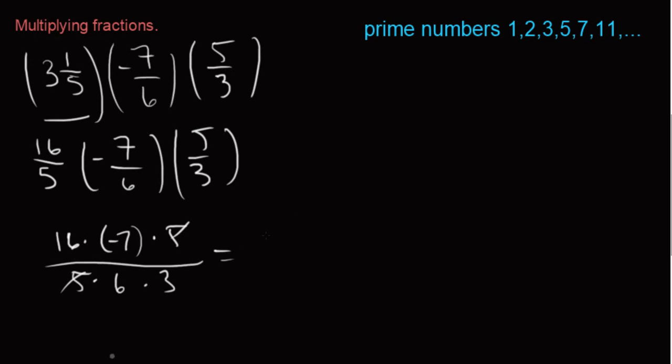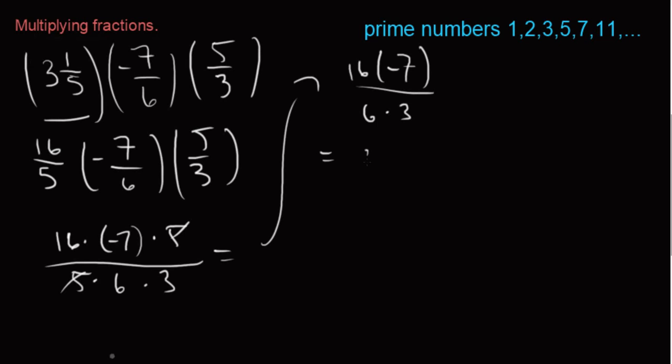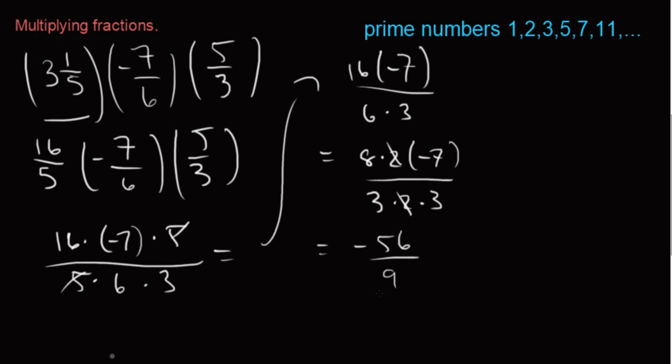That's going to give me 16 times a negative 7, all over 6 times 3, which equals, I'm going to break down that 16 into 8 times 2 times negative 7, and 6 is 3 times 2 times 3. So I can cancel this 2. That's going to give me a negative 56 over 9. So these have no common factors, so that'll be my answer.